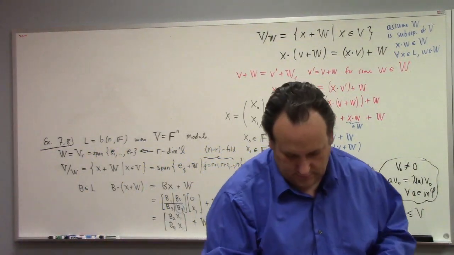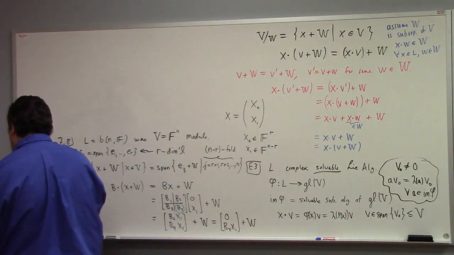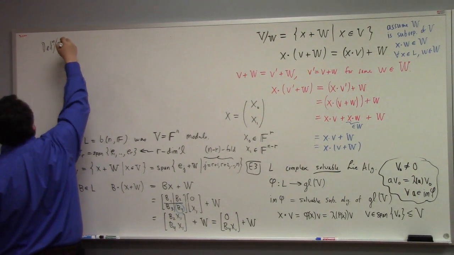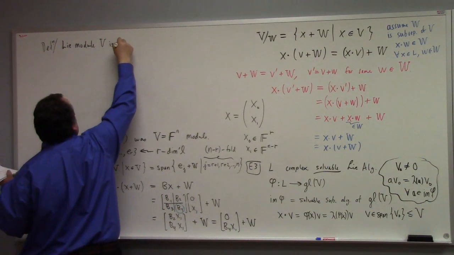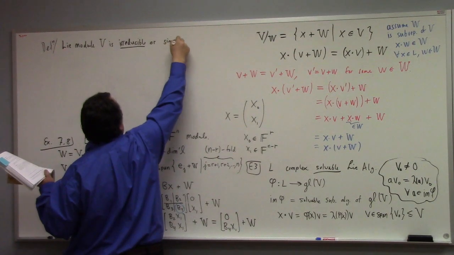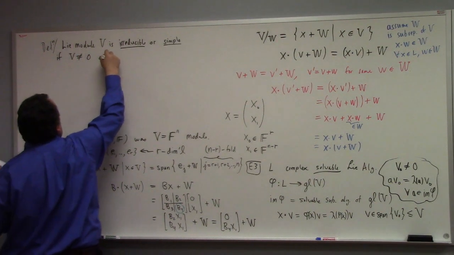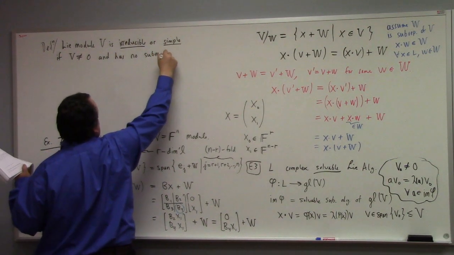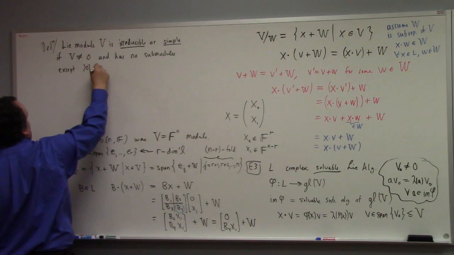So, let's see here, where was I? Definition: a Lie module V is irreducible or simple if V is not equal to 0 and has no submodules except 0 and itself, right?